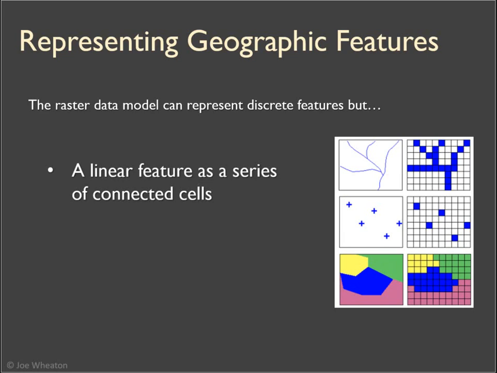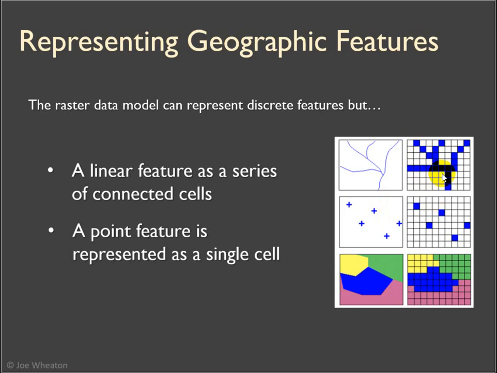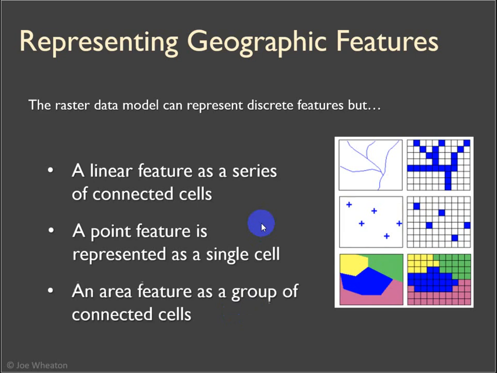Linear features are mapped as a series of connected cells. A point feature is represented as a single cell, and again, if the point is representing a city, and now all of a sudden the city is being represented as something that's 30 meters by 30 meters, be wary. And then areas are groups of connected cells with shared raster values.